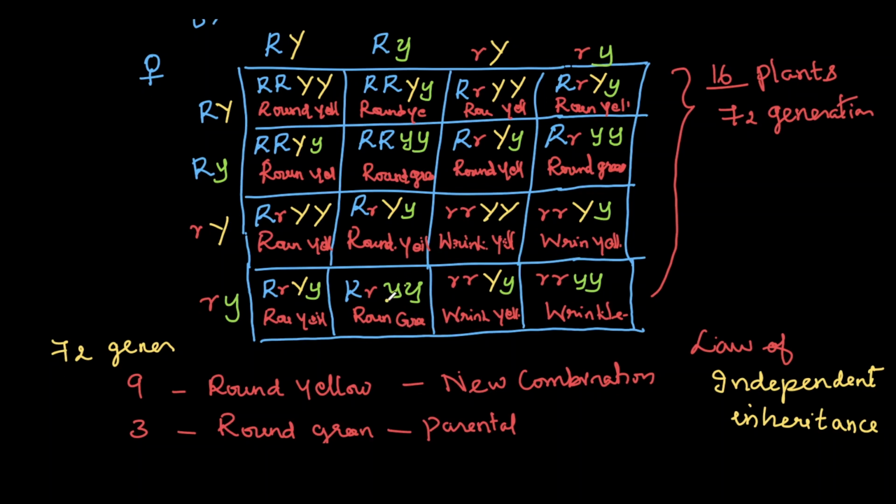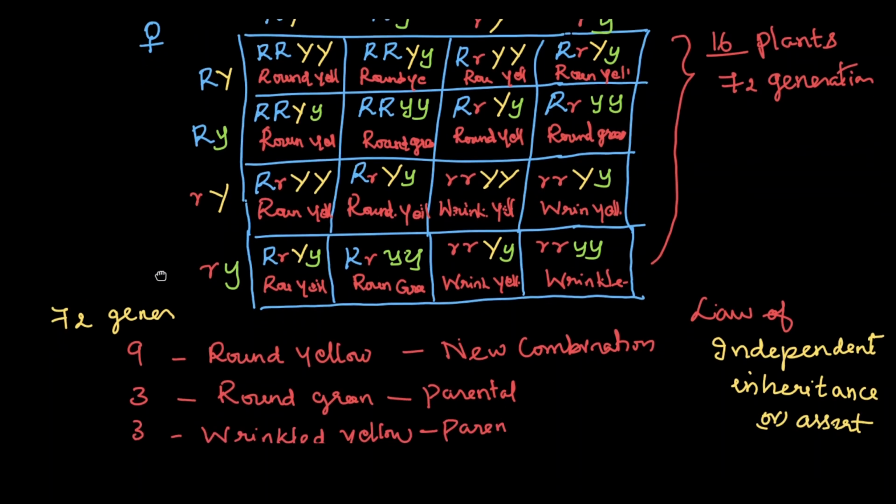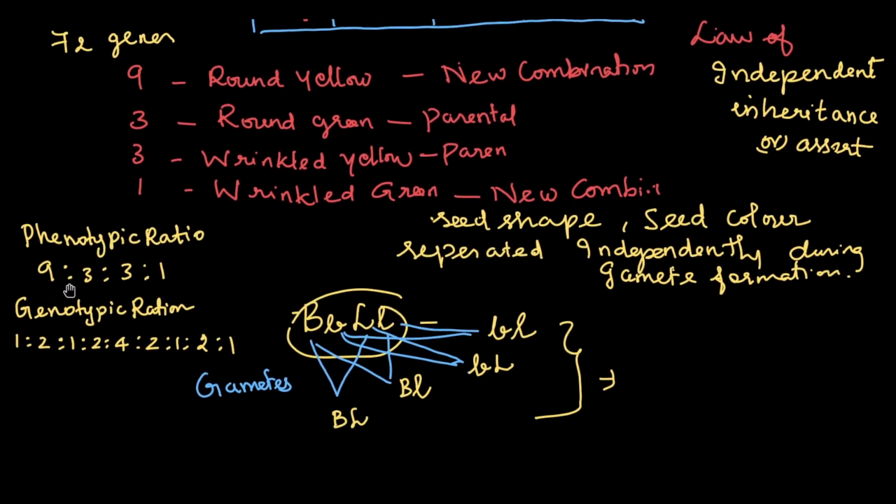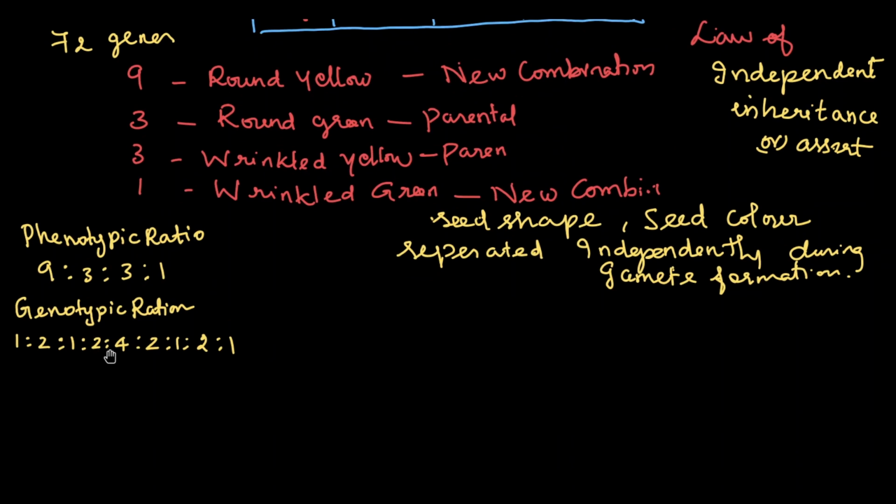So these are the many types of genotypic individuals or combinations you are getting. The genotypic ratio is 1 is to 2 is to 1 is to 2 is to 4 is to 2 is to 1 is to 2 is to 1. Ratio means you have to write the numbers, and simply genotype means you have to write the gene combination alone.